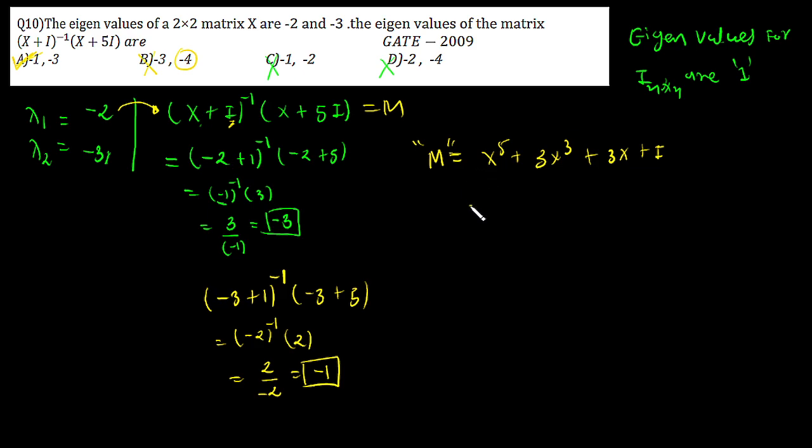We just find the eigenvalues of X, put them in place of X, raise to power 5 and power 3, multiply by 3, and do some algebraic addition and subtraction. Then I get the eigenvalues for this matrix with the help of the property of eigenvalues.